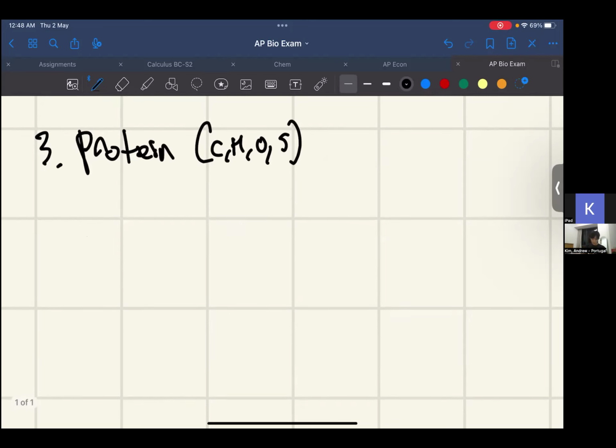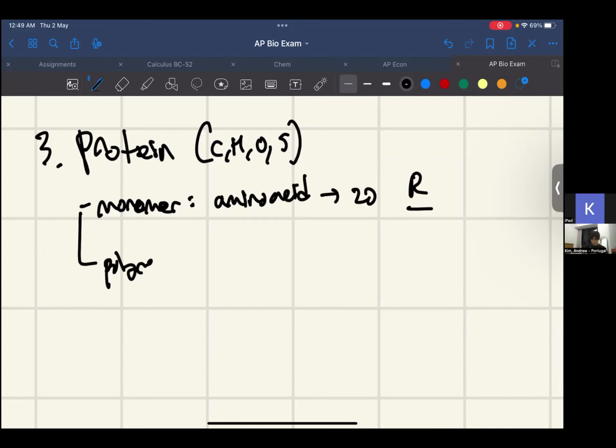Okay. Now again, what is the monomer of a protein? Well, amino acid. Now there are 20 different types of amino acid based on their R group. Now, what is an R group? I'll explain later, okay? But just know that there are different types of amino acids. But what is a polymer of protein?